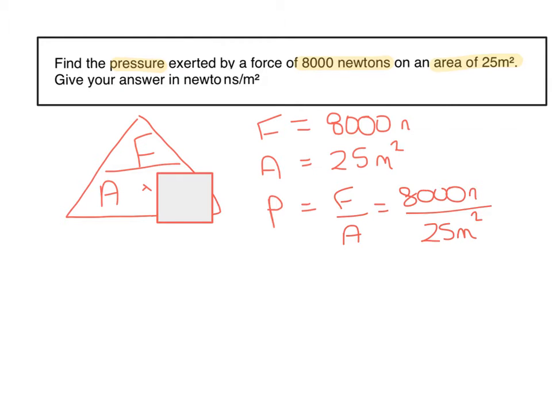So I need to do 8,000 divided by 25. I'm going to do that on my calculator, which is 320. And it's newtons per metre squared. There's my pressure.